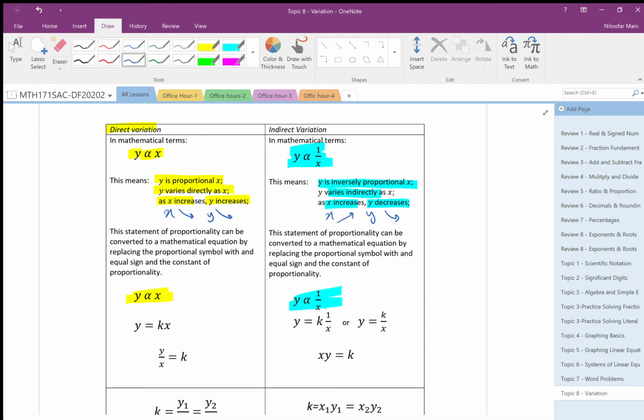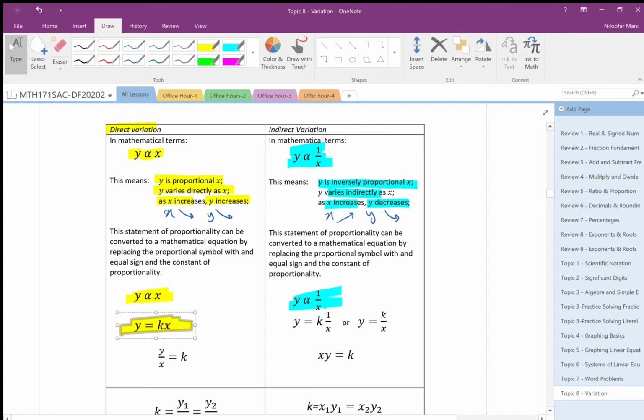But how do you write it mathematically? This is a symbol. Y alpha x is a symbol. When I say y varies directly, y alpha x. Y varies indirectly, y alpha 1 over x. But how do I write it? The way that I write it is y = kx, and that k is the constant of proportionality.